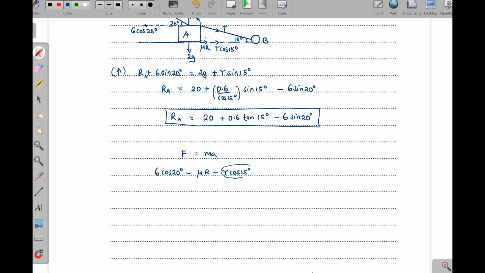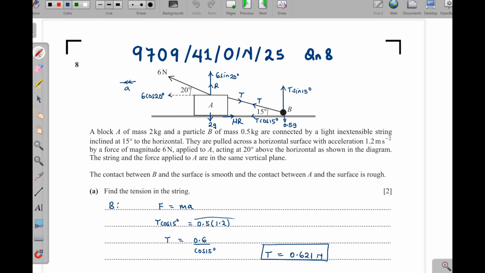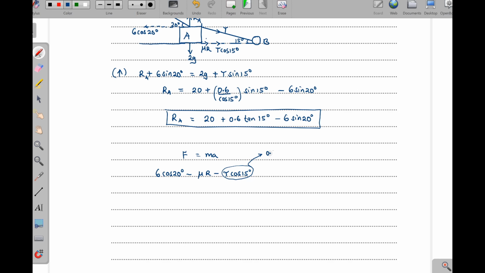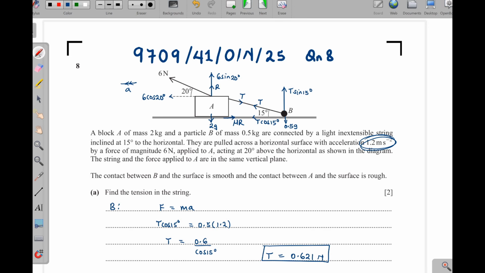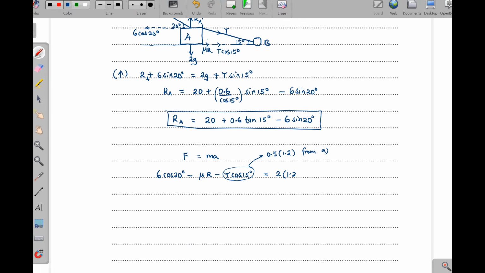But this T cosine of 15, if we check backwards here, it is this one, 0.5 times 1.2. Okay, let me put from part A. Is that clear? So minus this, I've subtracted these two forces from this one here, then it's equal to MA, and then M is 2. The acceleration from here is 1.2. The mass of A is 2, not so? So we shall put 1.2.